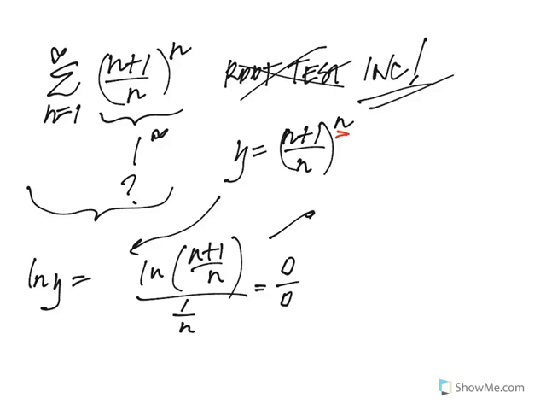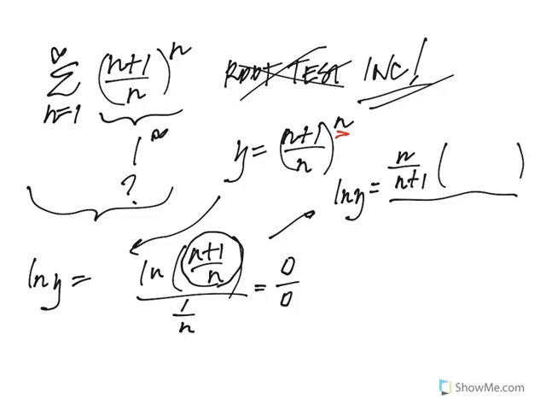So I'm going to go over here now. I've got the natural log of y on the left-hand side. If I L'Hopitalize the top, what I'm going to get is 1 over this, or just that flipped, n over n plus 1, times the derivative of that function, which gives me n times 1 minus n plus 1 all over n squared, over the derivative of the bottom, which is negative 1 over n squared.